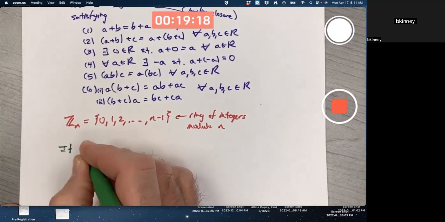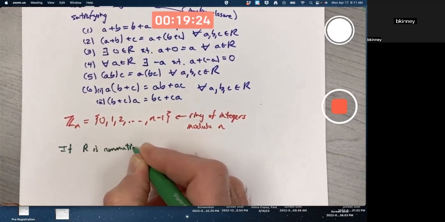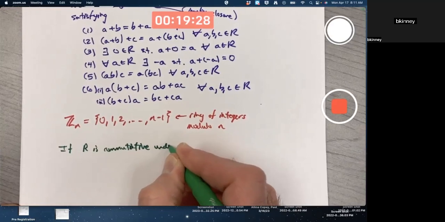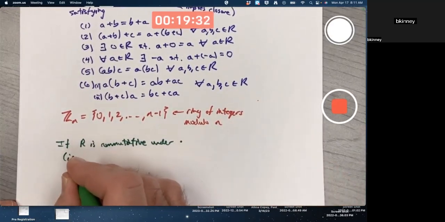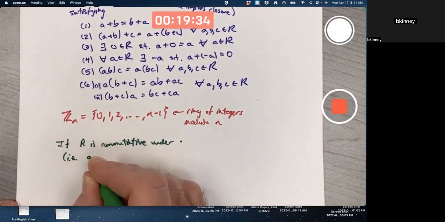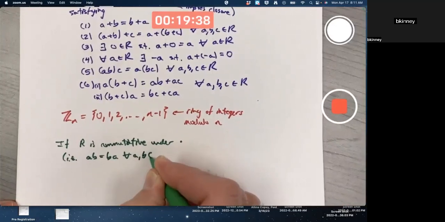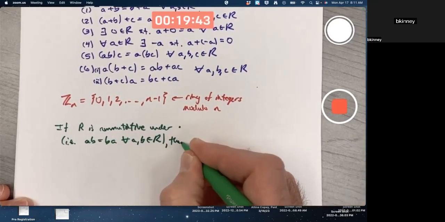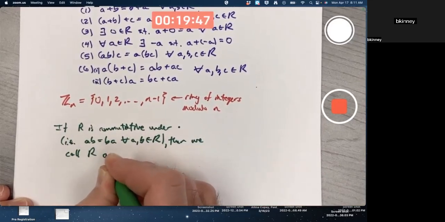If R is commutative under multiplication, i.e. AB equals BA for all A and B in R, then we call R a commutative ring.